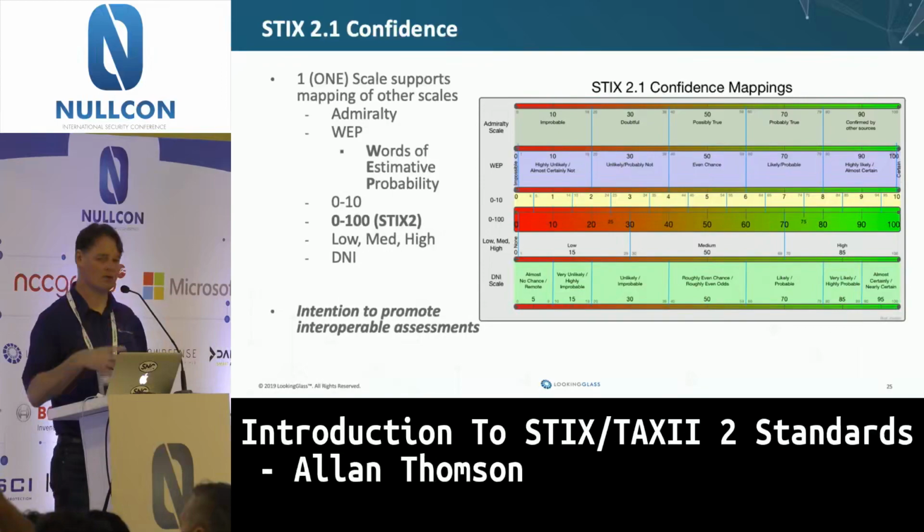If I go to my browser, this is the STIX visualizer URL, and what you can do is it has different ways to load it. You can choose files. What I've done is I've pasted the content in here, and you hit parse. And I wasn't sure if the internet was going to be flaky or not, so I wanted to preload it.